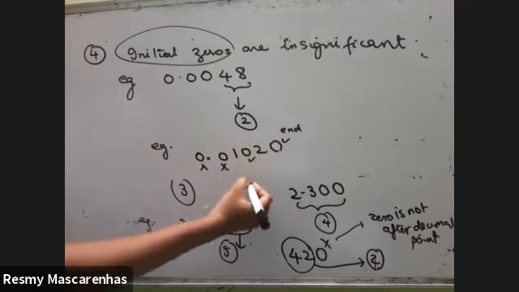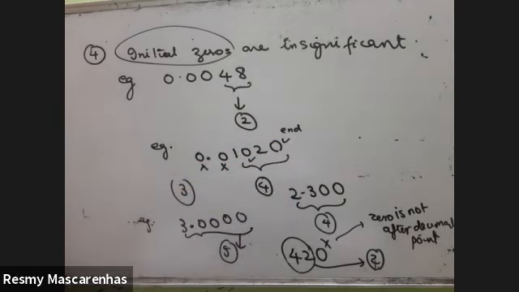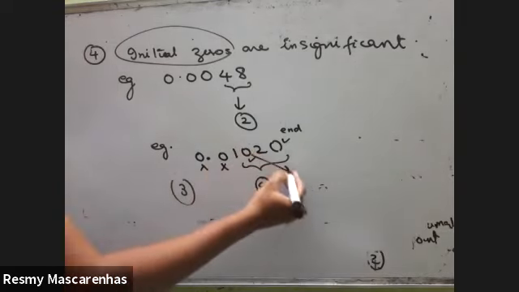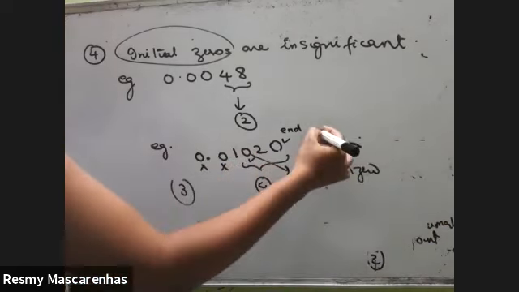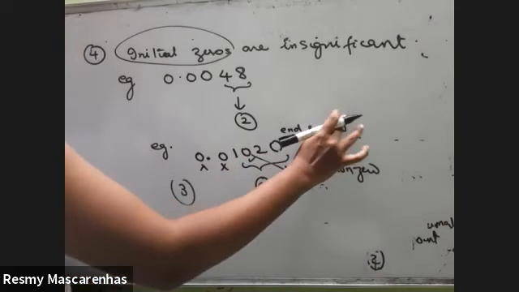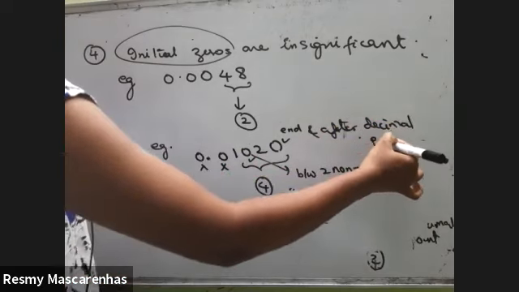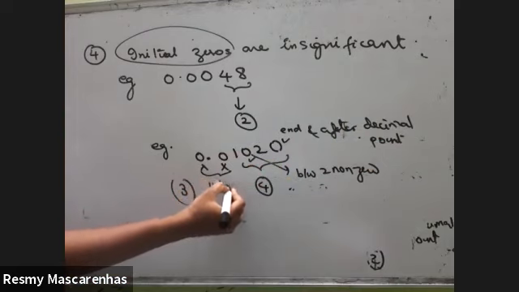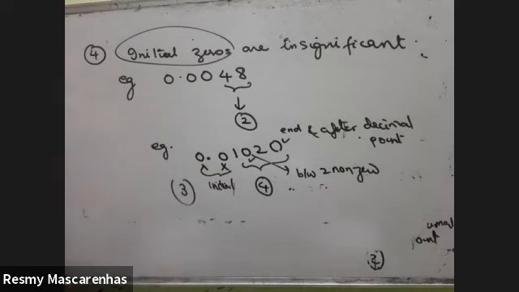So these are considered. So total will be 4. One can write: this was between two non-zero and after decimal point, that's why I'm considering this. And these are initial ones, so they have to be considered insignificant.